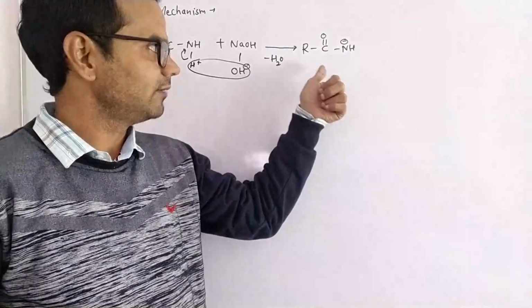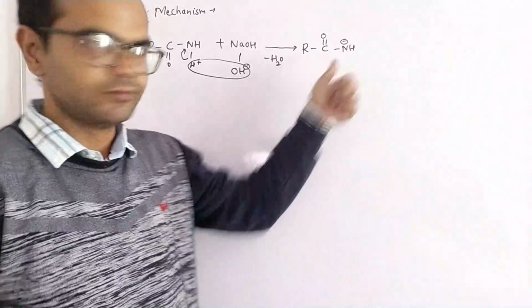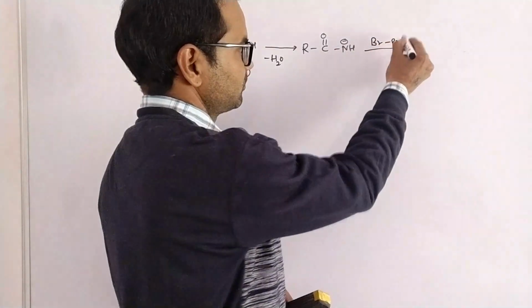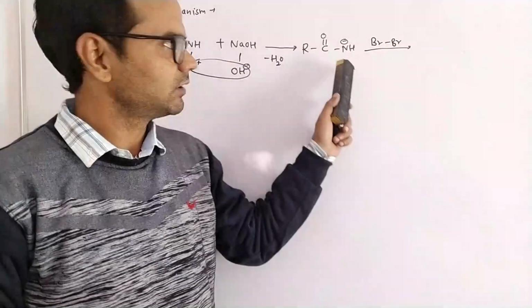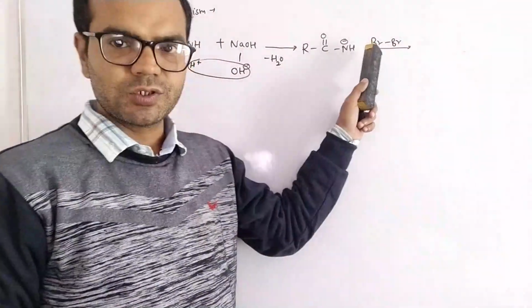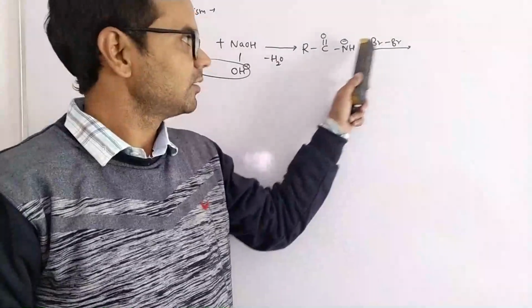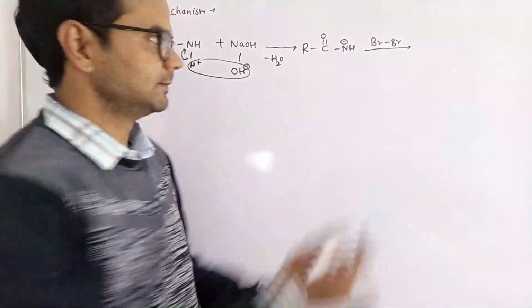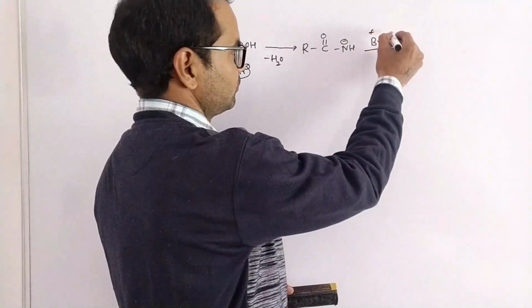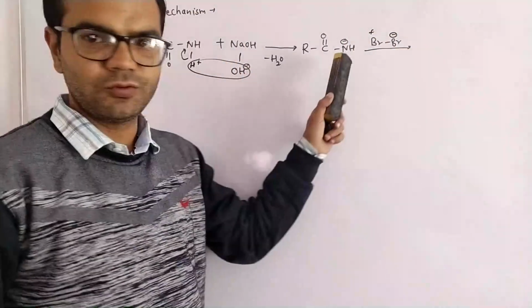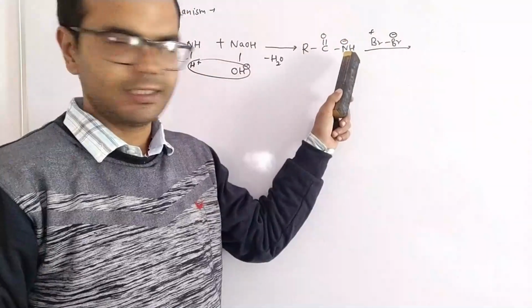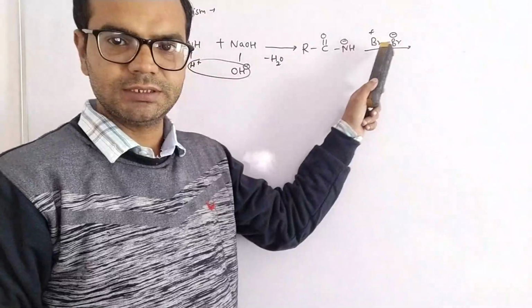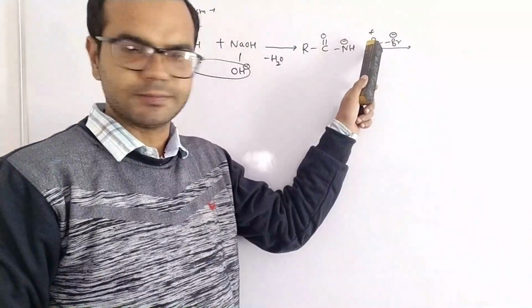Now, due to this negative charge, charges are induced on the bromine molecule. The nearer bromine gets a positive charge and the second bromine gets a negative charge. So due to the negative charge on the highly electronegative atom nitrogen, charges are induced on the bromine. This is called dipole-dipole interaction.